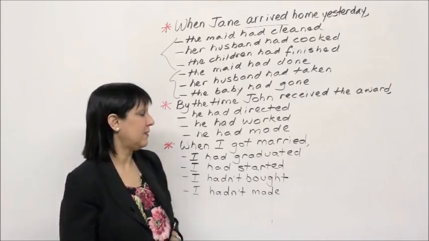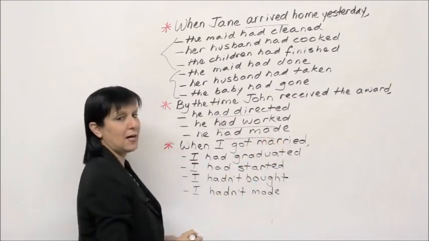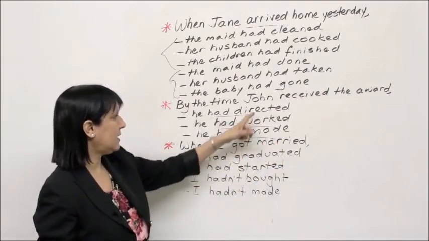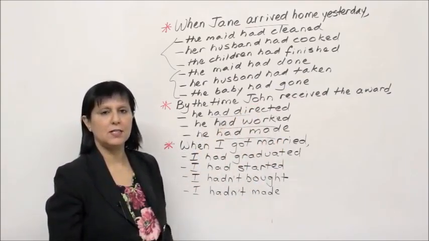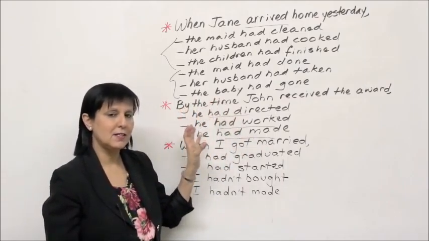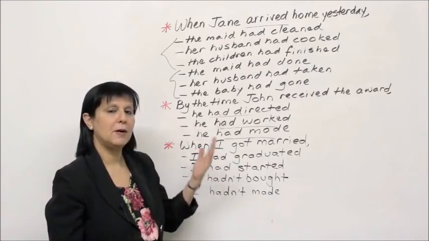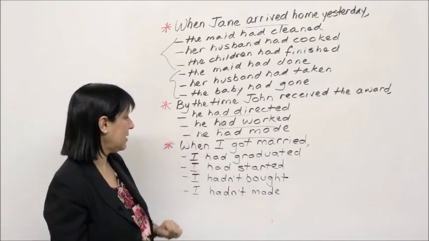All right? And that's why here we use past perfect tense, and here we simply use the past tense. All right? So we see that in the same sentence, we're using the simple past tense and we're also using the past perfect tense. Okay?